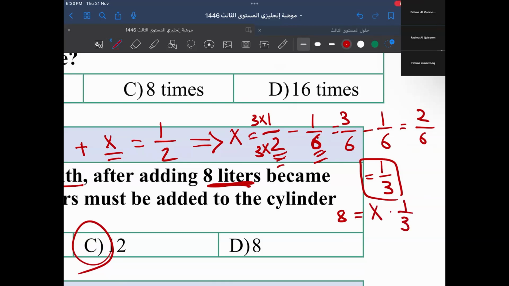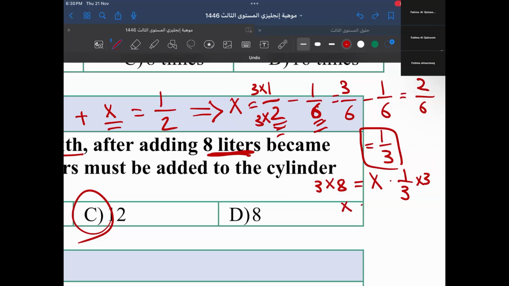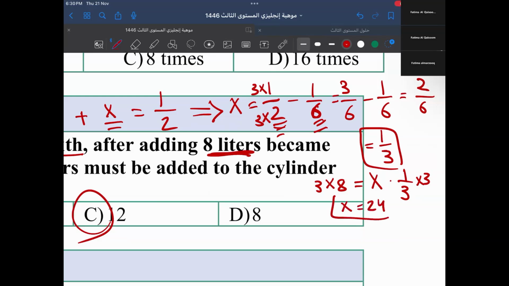Right? So how can I find X here? We're going to move the 3 to the other side by multiplying by 3. So X equals 24. Miss, oh okay, never mind. So if X equals 24, this is the whole cylinder.